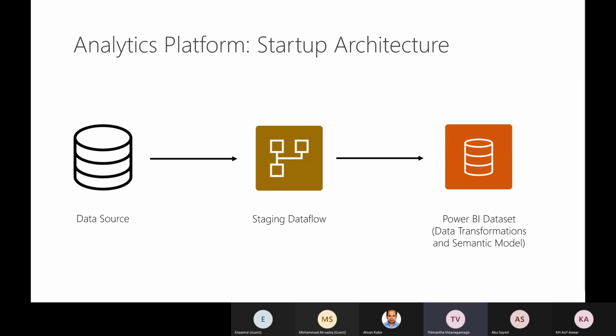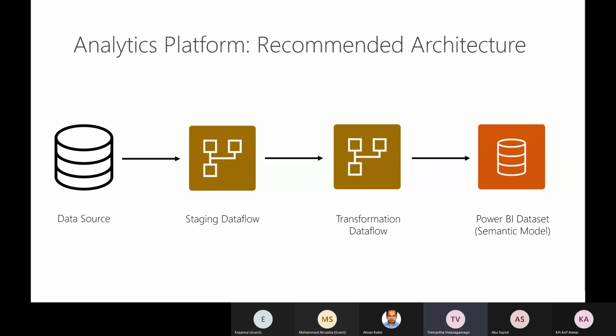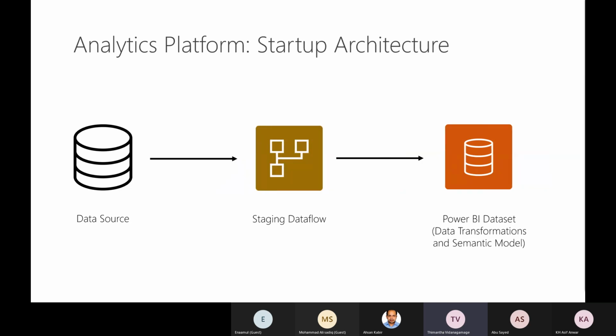In the Power BI dataset, you do the transformations and the semantic model is created there itself. The reason for that is the link entity feature, which is a Premium feature and not available for a Pro license. So as a workaround, I decided to take out the transformation data flow and keep the transformation task in the Power BI dataset itself.